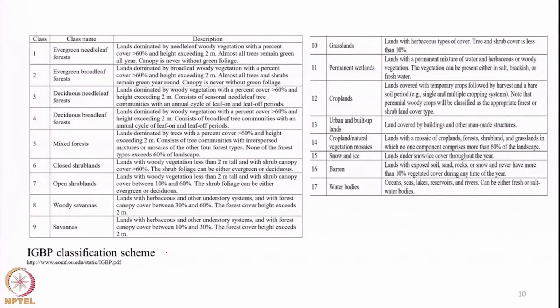Say this is one such example, taken from what is known as the IGBP classification scheme, the International Geosphere Biosphere Program. They have defined 17 different land cover classes, and this is the definition. If you want to define something as an evergreen needle-leaf forest, it should satisfy this criteria.